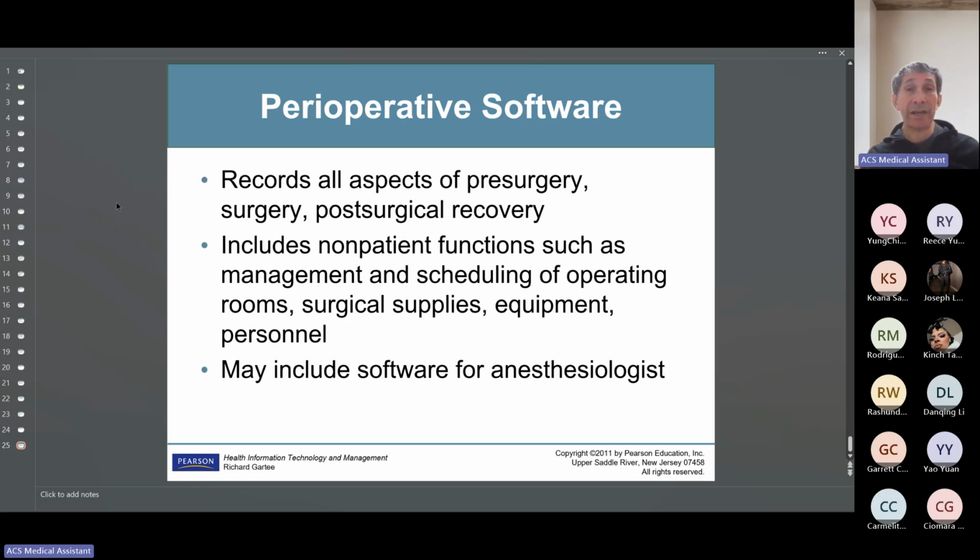Then it's going to record everything that happens during the procedure, and then everything that happens after the procedure, post-surgical recovery, which is totally different. See, this is a software application for someone who goes through these transition times, episodes, versus someone who just goes to the clinic, does whatever they have to do, and goes home.